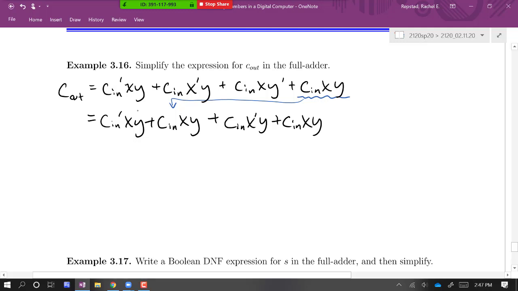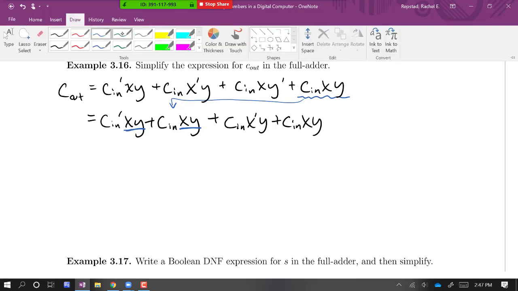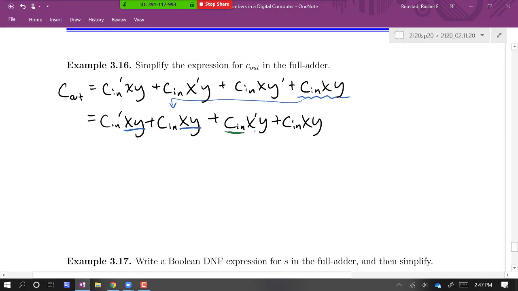Okay. So I did that for a reason. In the first two terms, I'm going to look at them as a group. There's a common factor of xy. We could use the distributive property. And in the second two terms, the carry in is a common factor.